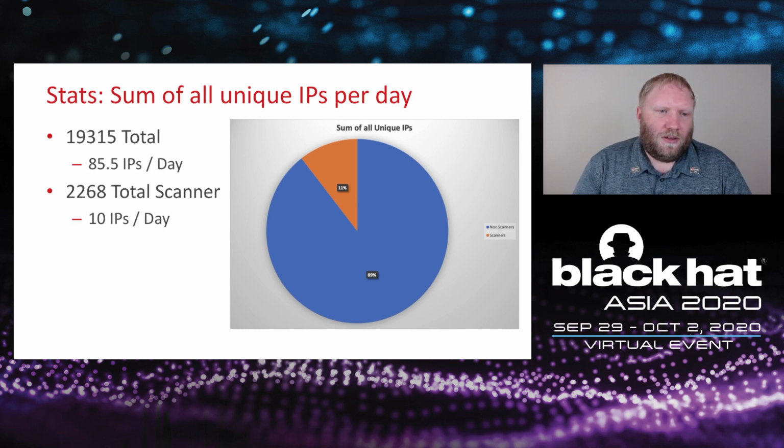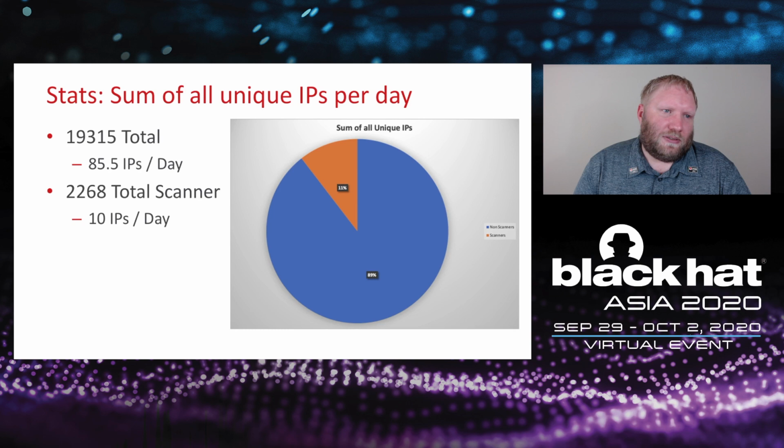The reason the unique IPs per day is different from the unique IPs on the previous slide is that if 1.1.1.1 connected to us on a Tuesday, and then that same IP connected to us on a Thursday, this is going to count both of them, because this is unique IPs per day, or unique sessions, I should say.